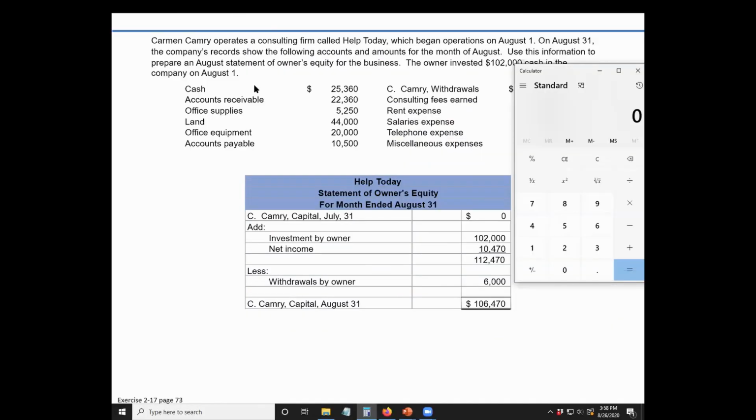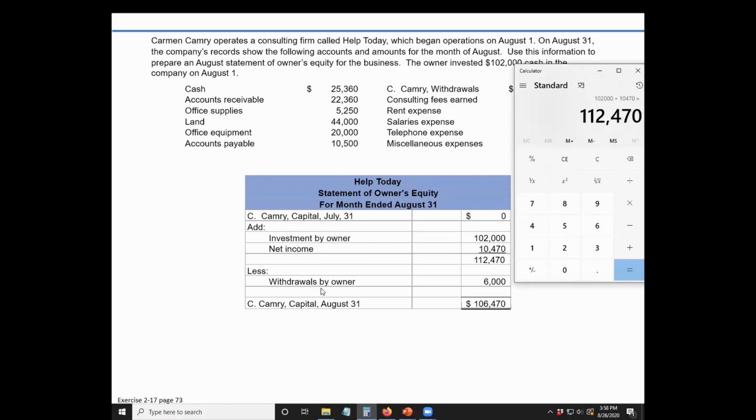She had barely started her business. So on July 31st, it was zero. The business didn't exist, but she added 102,000 because that was her investment. And then for that month, she had net income of 10,470. That's how we get this. So 112,470.